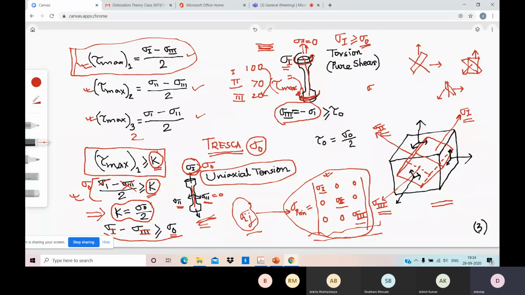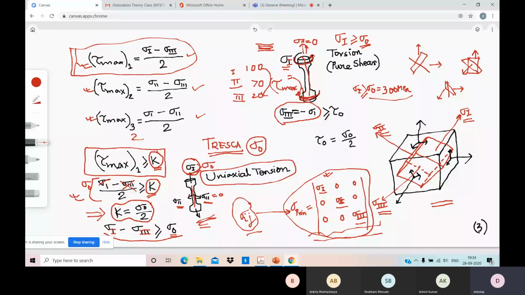For example, suppose the yield strength of your body is 300 MPa. That is the uniaxial yield stress when you do uniaxial yielding. So when your maximum principal stress, which is the applied stress, exceeds this value, yielding will occur. But I am considering another simple problem.